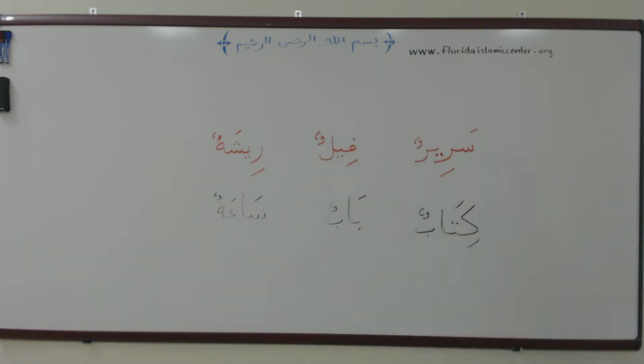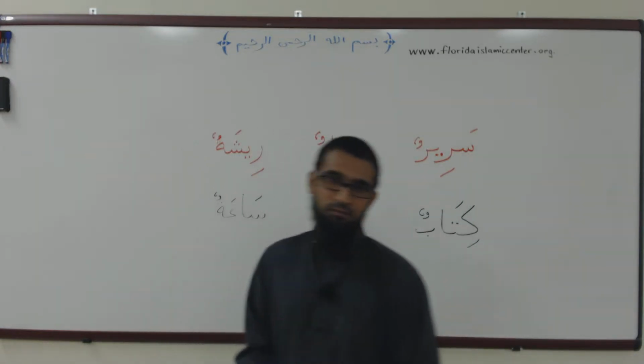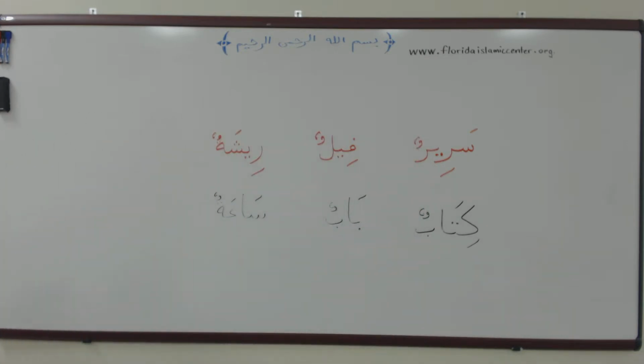Now, give me an example of a dhamma that is elongated. How do you read it?